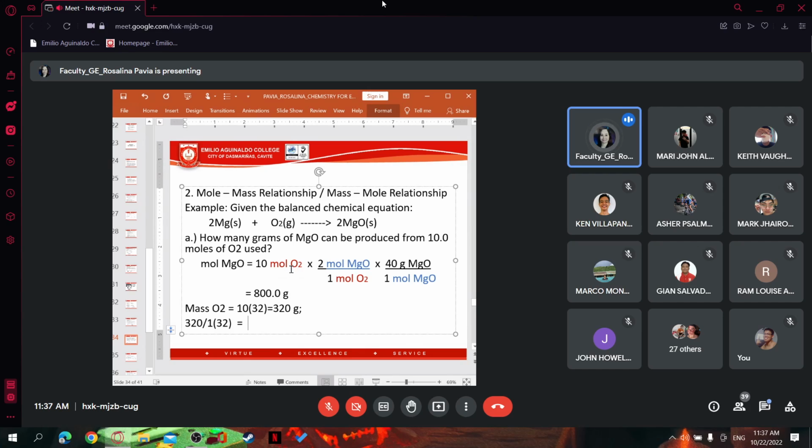That is what we are looking for. X over 2, the coefficient of MgO, times 40, the molar mass of MgO. Okay? What is X? 320 times 80 divided by 32. 240, ma'am.